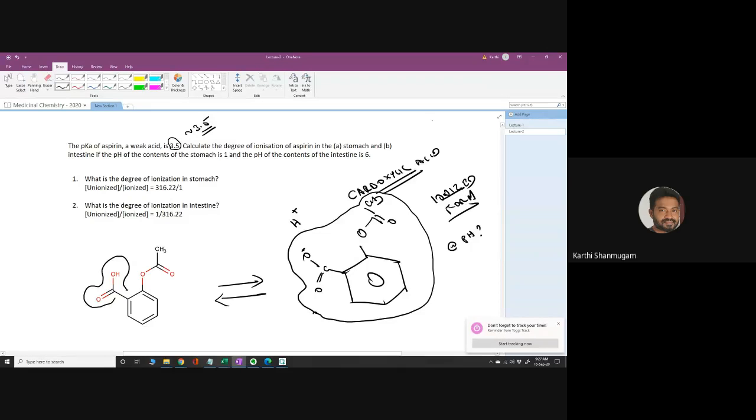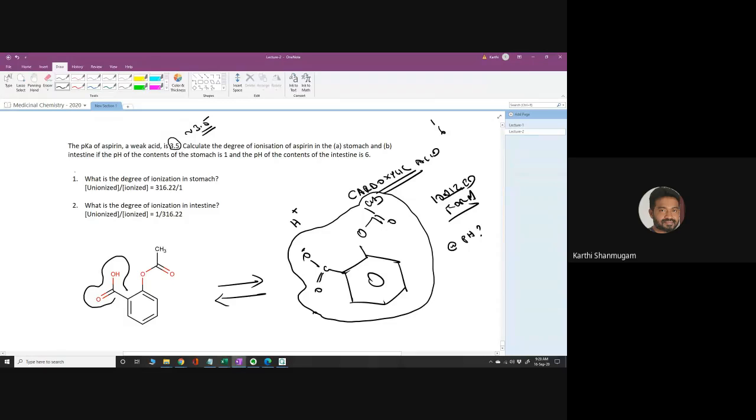Here we have two pH values, 1 and 6. Again I repeat, my question is at what pH will more number of this molecule be in its ionized state? At pH 1 or 6?